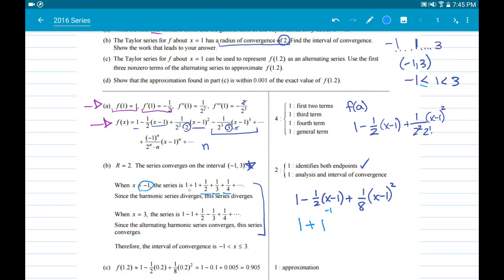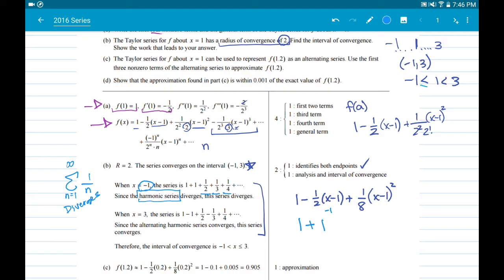And what you have here is the harmonic series. The harmonic series was the series as n goes from 1 to infinity, and that diverges. That was at the bottom of that sheet I gave you in class.